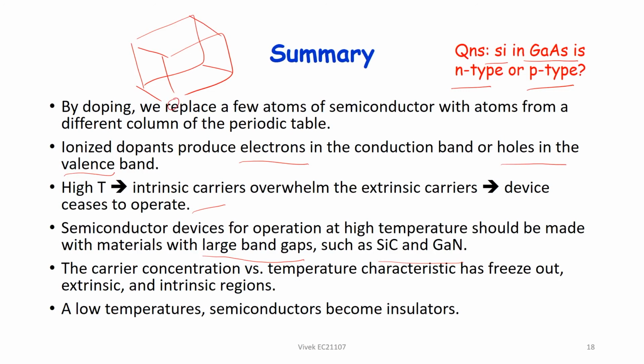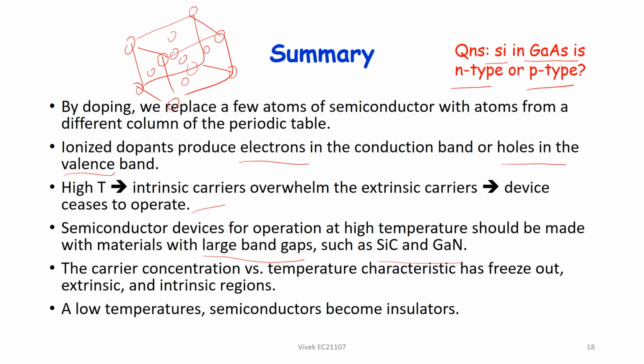So let's say you have gallium here at all the corners, right? Then at all the faces also, front face, bottom face, top face, back face, left face, right face. So total 6 faces.